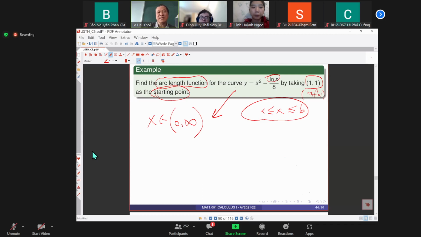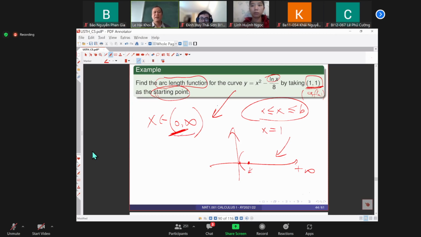But it doesn't matter. You can start from (1, 1), which in this interval is okay. X equal to 1, right? Actually, the domain of definition is up to plus infinity. And if you take 1 here, X is 1 inside this interval, it is okay.